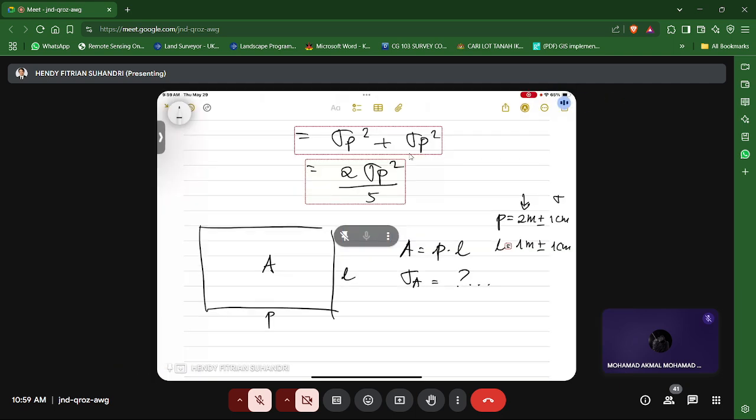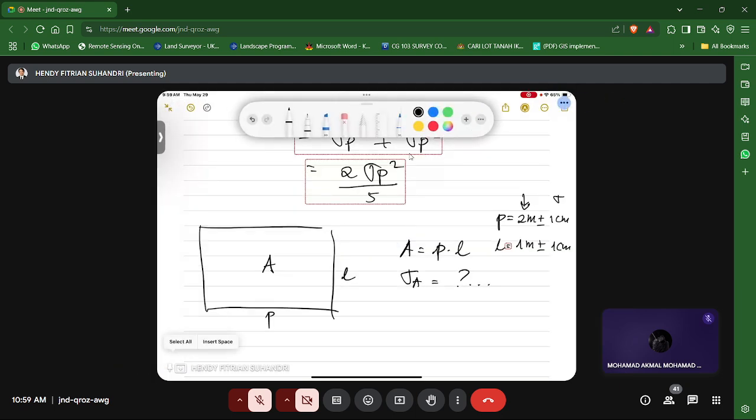If I say this P, actually this 2 meters, that means the uncertainty of the 2 meters would be plus minus 1 cm. So that means I can have longer 1 cm or shorter 1 cm.